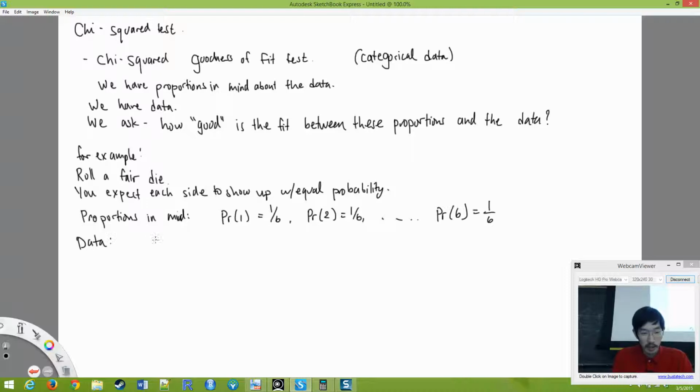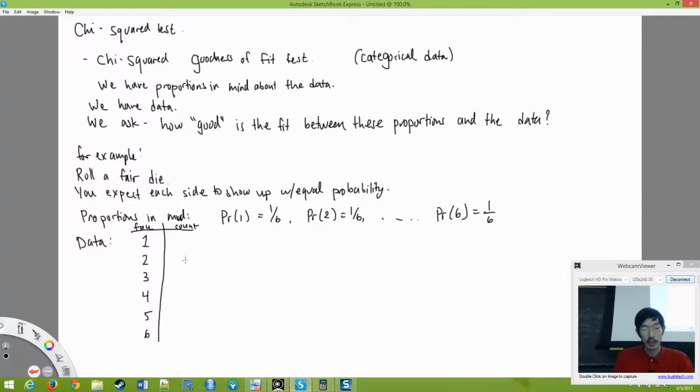Let's say this is the data that you have. This is the face, and this is the count that you get.